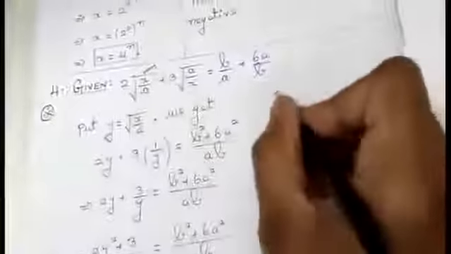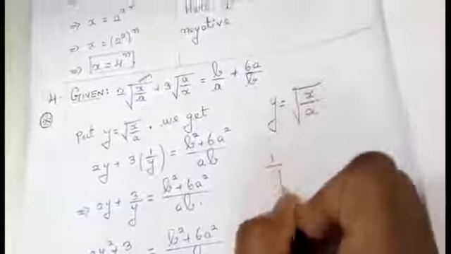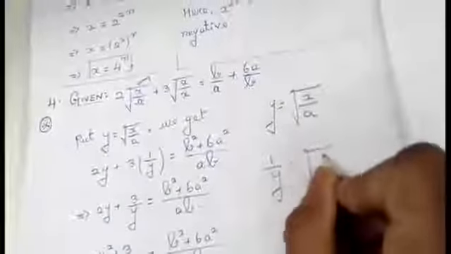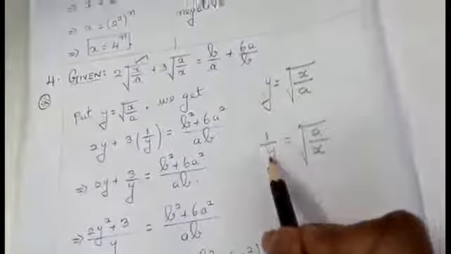We get, just listen here students, y equal to root of x by a means 1 by y is root of a by x, reciprocal. When we write x by a upside down, 1 by y equal to root of a by x. That is the concept I have written here.